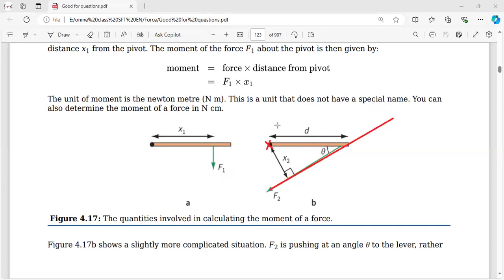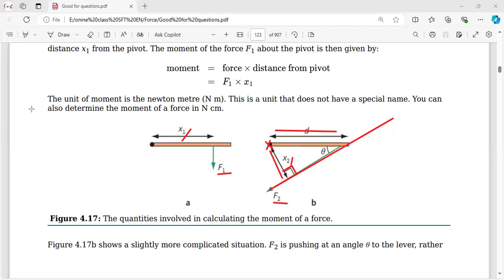Then people always confuse this as the line of action distance from the pivot point. Actually, this is wrong, because we have to extend the line of action further and take the perpendicular to that. Then this is the correct value. This x2 represents the correct distance. So in the first case you multiply f1 by x1, and in the second case f2 by x2, right?